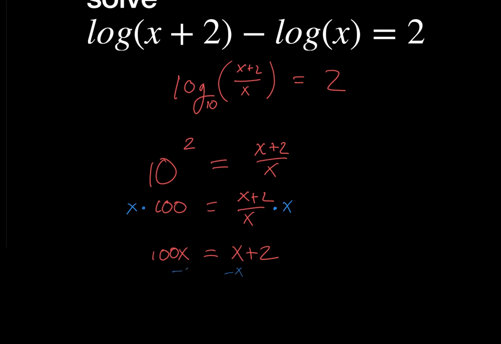Subtract x from both sides: 99x equals 2. Divide by 99: x equals 2 over 99. So that's one way: take some of our properties of logarithms, combine into a single logarithm, then use the relationship between logarithms and exponents to rewrite it in exponential form.